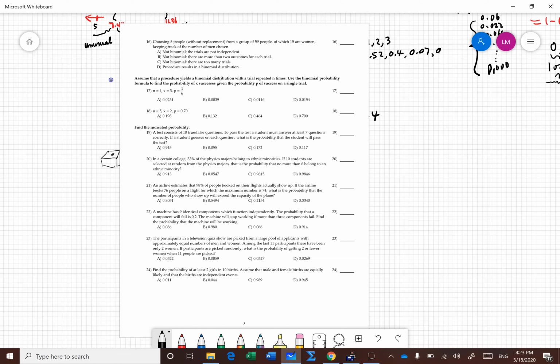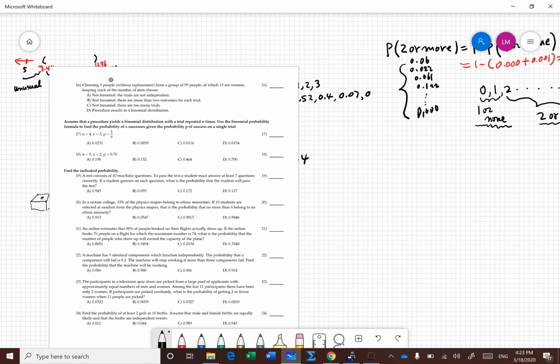In choosing 5 people from a group of 59, 15 are women, keeping track of the number of men chosen. 5 people from a 59. So you got, looks like, wait a minute, why is this one still here? So let me erase this.